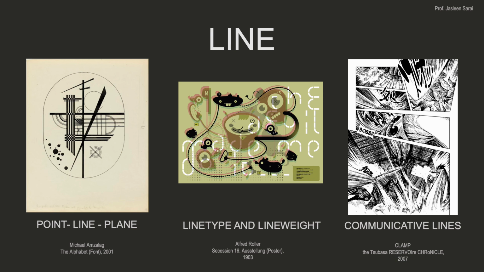Now, point, line, plane is an idea that everything in design is made out of points, lines, and planes. So point is just one kind of dot, right? Line is between two dots, and a plane is between three dots, if that makes sense.